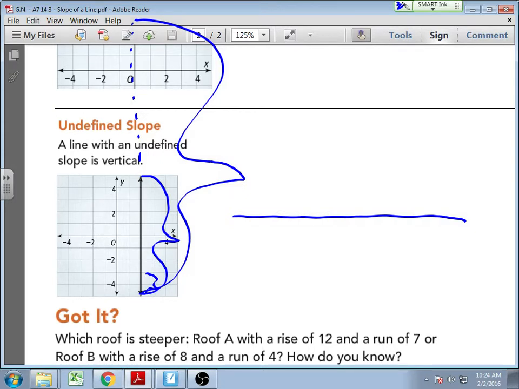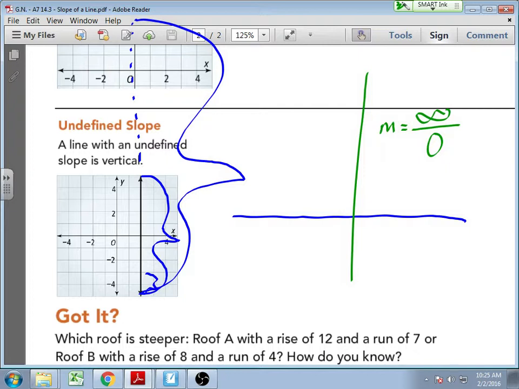You're walking on flat ground. There's no slope. There's no pitch. It's like sea level. An undefined slope is I cannot express the change that's happening because it's infinitely large vertical change for absolutely no horizontal change. So essentially this slope is infinity over 0, which is completely unfathomable.